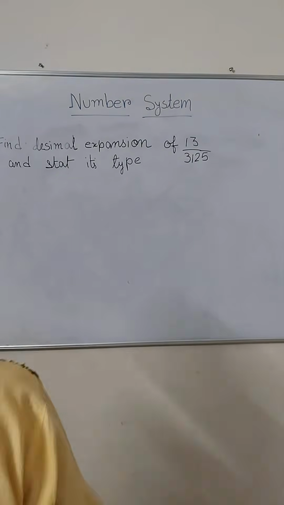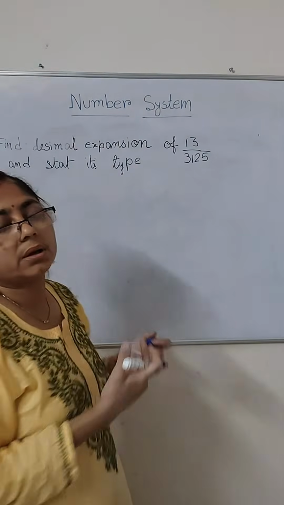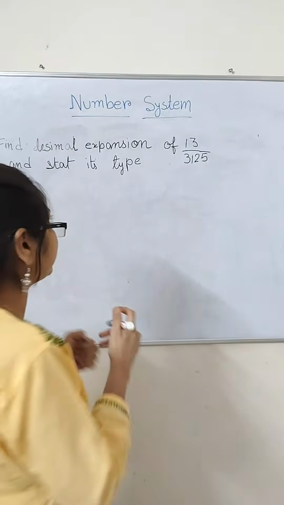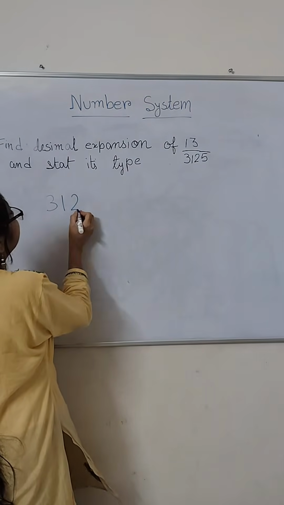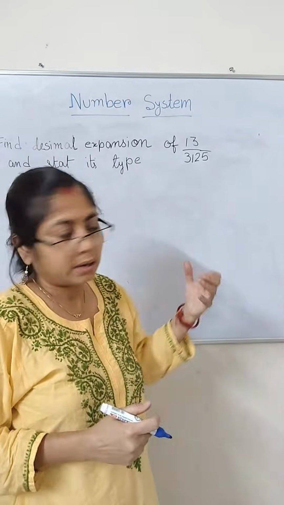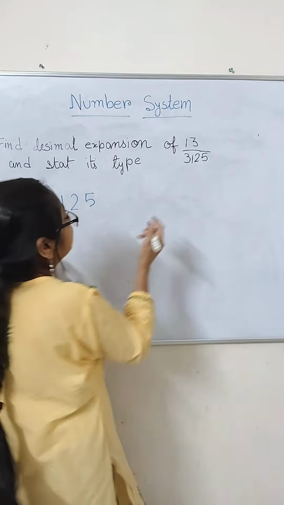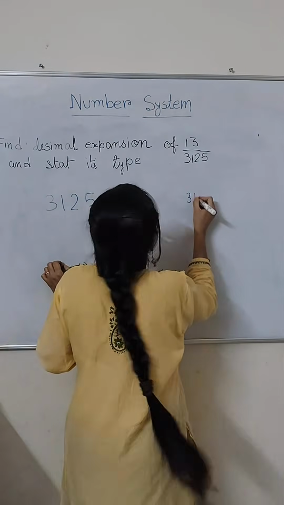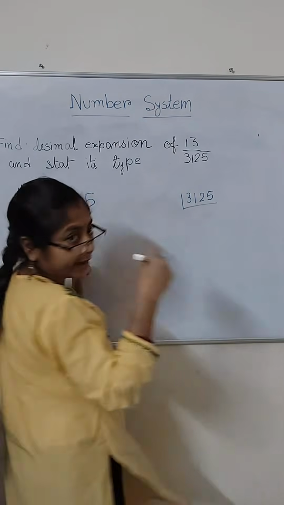How can you understand which type of this one? It is terminating, but how can you understand? It is a trick. ये देखिए सीखिए. You take the denominator. Now you just make it the prime factorization method. Prime factorization. I make it first, then I give another example.